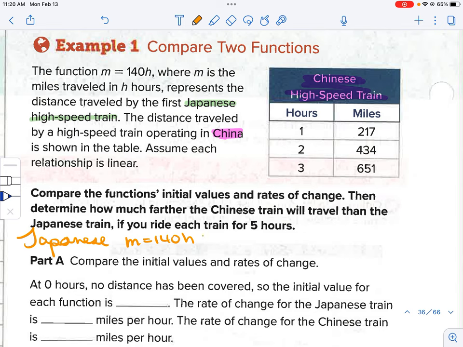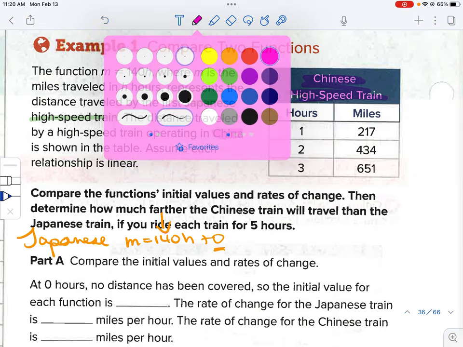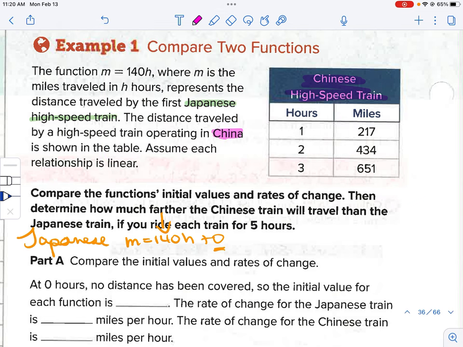Okay, so there's nothing added on. So my initial value is 0. My slope is 140. This is my slope. But for the Chinese, I need to look that up. So if I go right here, I will find that that is 217.